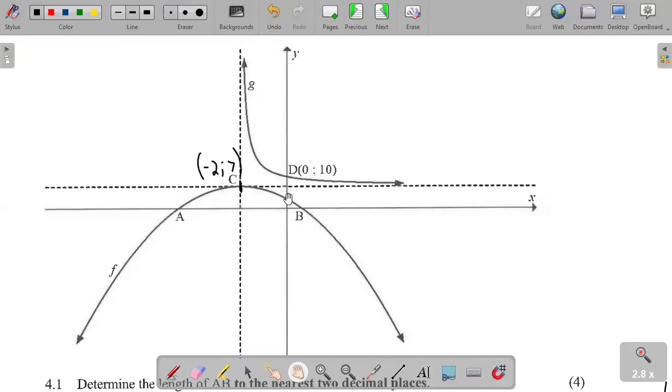So meaning that where both of them are positive, okay? So where both of them are positive is going to be here.